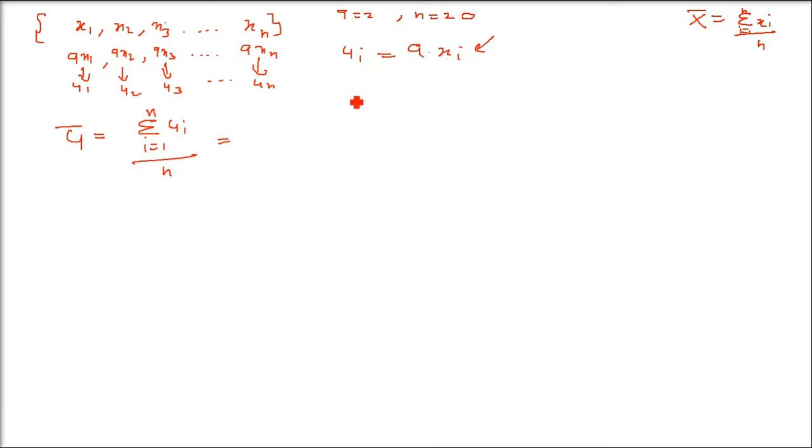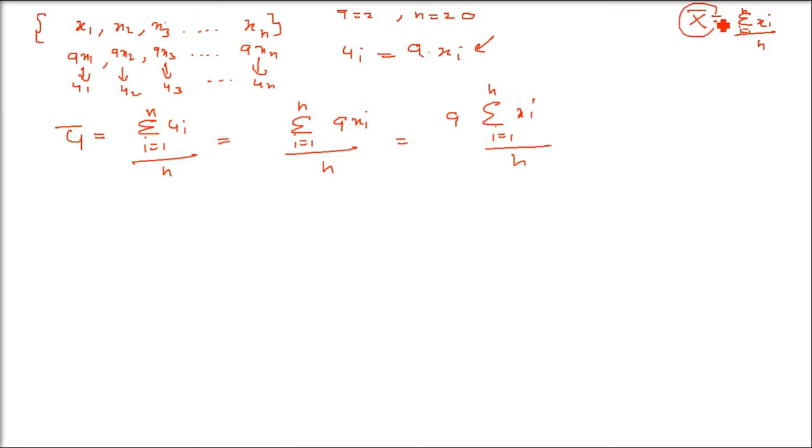Since ui is axi, why not put axi here. This is i equals 1 to n, and everything remains the same. A is a constant, so it will not stay inside sigma; you can take it outside if it is common for all. So a times sigma xi by n, divided by n.